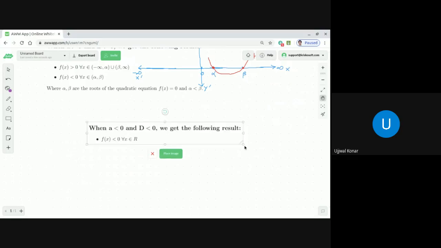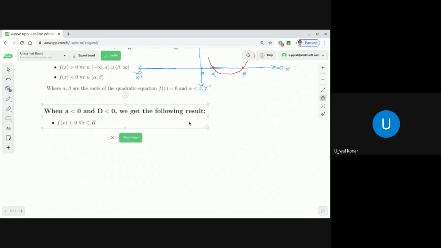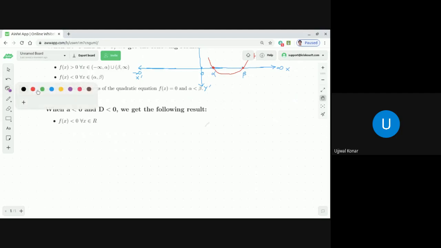When a is less than 0 and d is less than 0, f(x) is always less than 0. So how to represent this graphically? The graphical representation will be something like this. If this is your x-axis or the number line, the way you want to define it, and this is your y-axis.